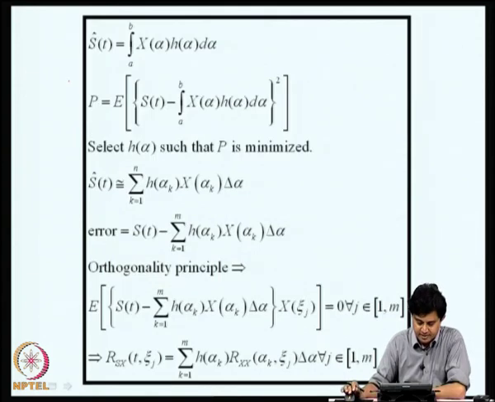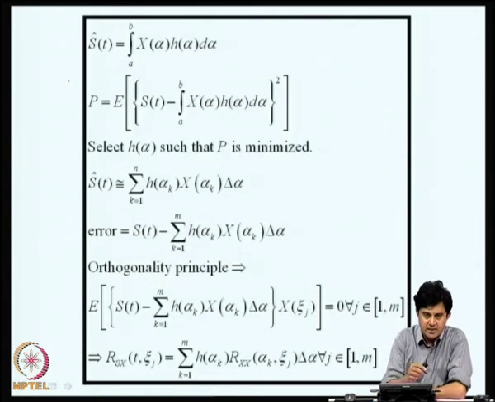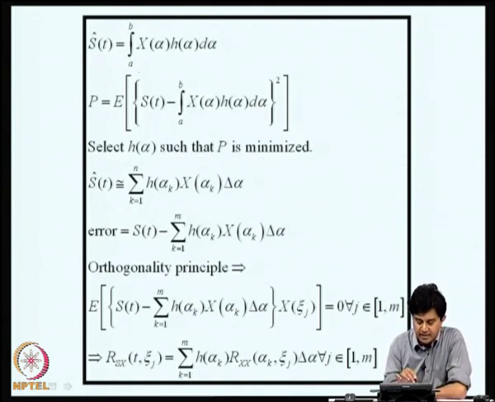which is not measured. So what we do, generalizing the linear estimation problem, is propose an estimator S hat of t that is a linear function of the data: the integral from a to b of x of alpha h of alpha d alpha. This function h of alpha is not known. Now we need to select h of alpha such that this P is minimum.